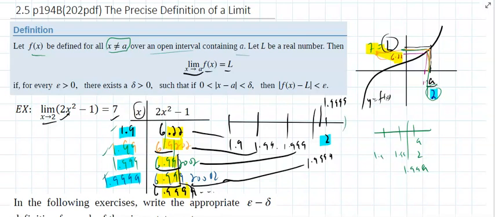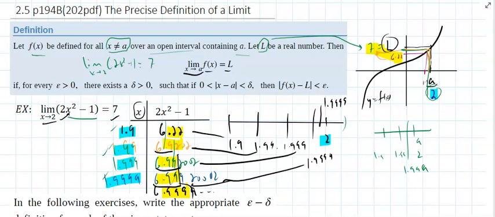Let L be a real number. Let's say in our example, that's the 7. Then the limit as x approaches 2 of f of x, which is 2x squared minus 1, is 7.